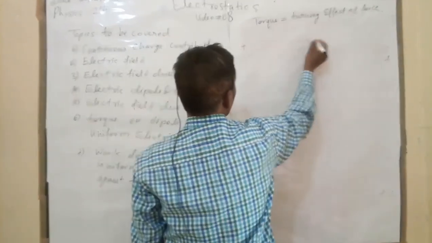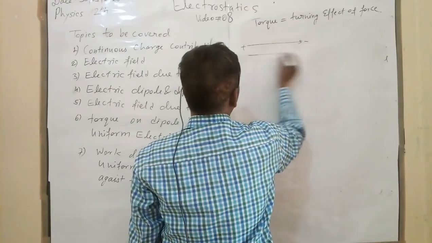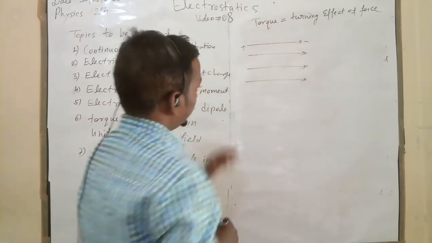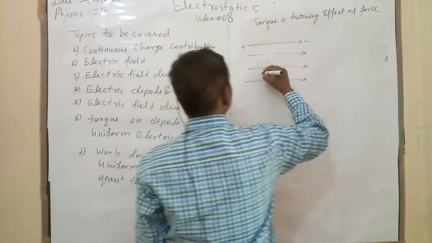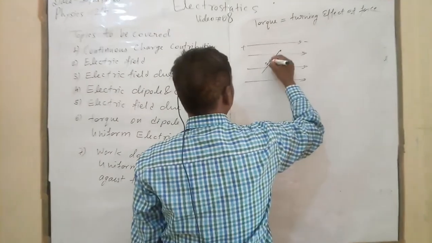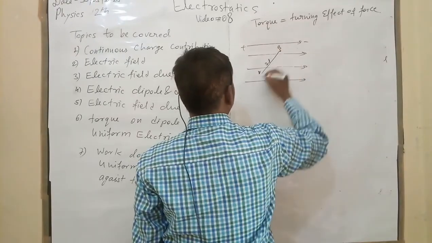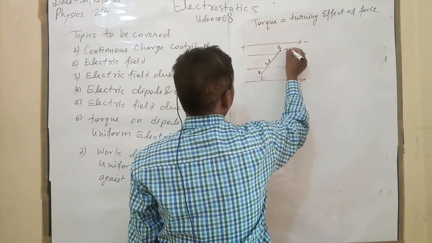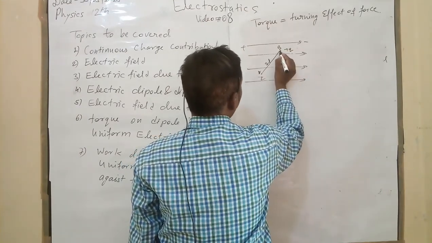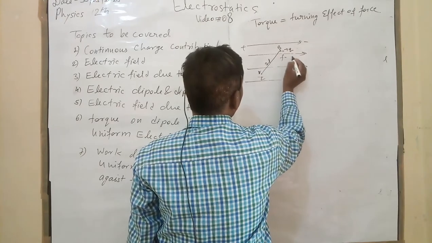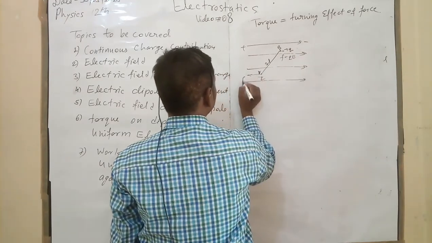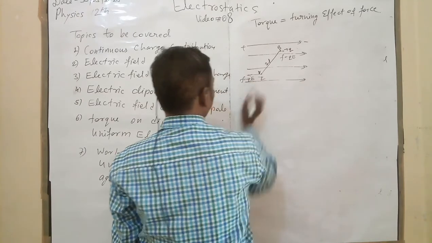Suppose there is a uniform electric field. Between these field lines place a dipole, that is AB, here minus q, here positive q. So what is the value of force? That is F equal to qE, and the force on minus q is F equal to minus qE.